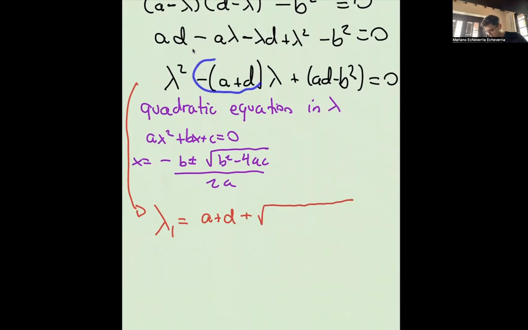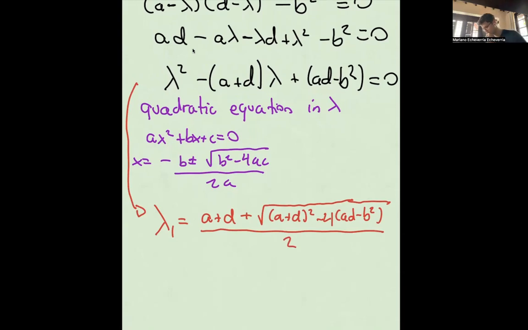Again, b squared means square this, so this is (A plus D) squared minus 4ac. Here a is 1 and c is all of this. All of this is being divided by 2. And the second eigenvalue is lambda 2, which is the same. The only difference is that there's a minus here. So let me put it like this.